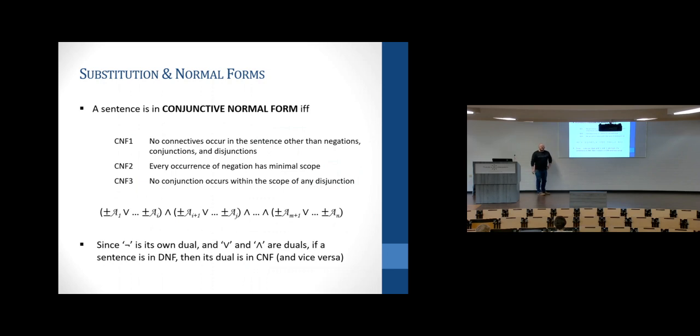Note that we already kind of know this has to be the case, because since conjunction and disjunction are duals, if we can prove the DNF, then we could very easily prove the CNF. We just say, cool, just dual it up. Every time you had a disjunction, replace it with the associated conjunctions and negations, and vice versa.